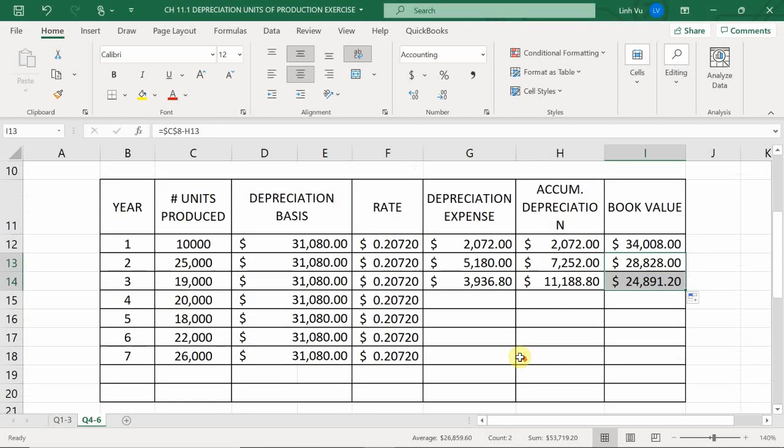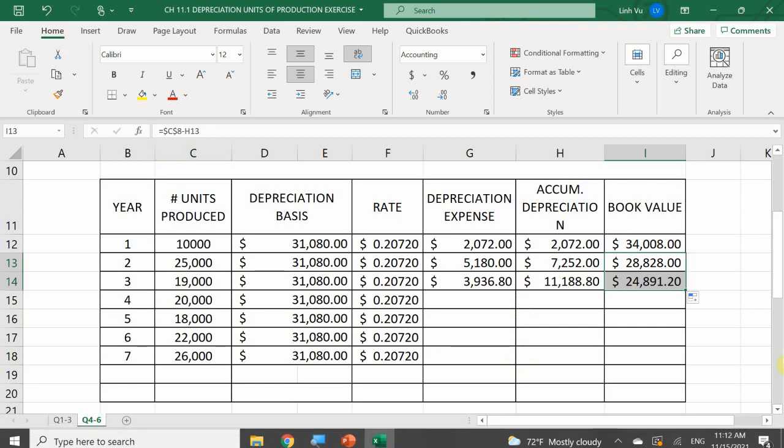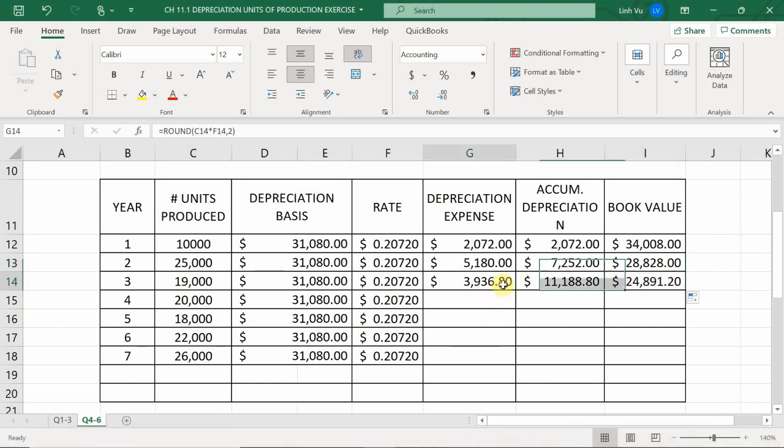Let's continue on with year 4. This time I drove 20,000 miles. So my depreciation expense for year 4 is 4,144. Good.